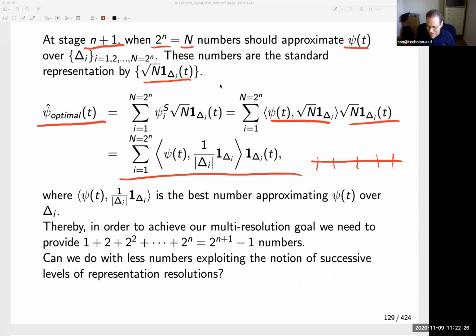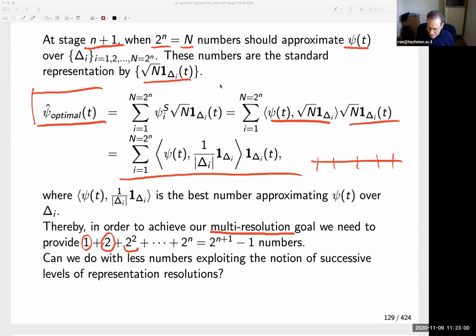Now, in order to provide a multi-resolution construction to what we have just said, we need this optimal reconstruction to be valid for providing one number. It would be valid for providing two numbers, and four numbers. And in fact, it should be valid for providing 1 plus 2, which is 3, 1 plus 2 plus 2 to the power of 2, which is 7, and so on.